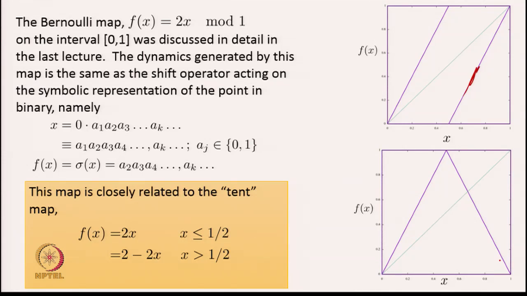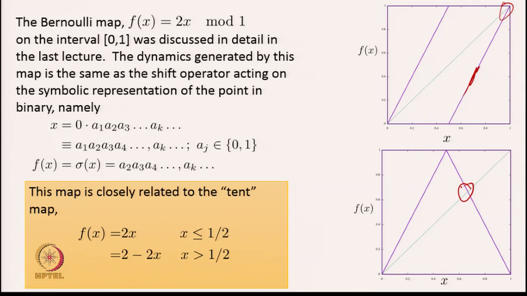And the equations for this tent map are that f(x) is 2x on the interval 0 to a half, and it is 2 minus 2x from this point onwards. There is a slight difference between these two maps, particularly because now the fixed point moves from being at the corner of the square, at the point 1, to a point which is somewhere intermediate, and that point is something that we can figure out easily.